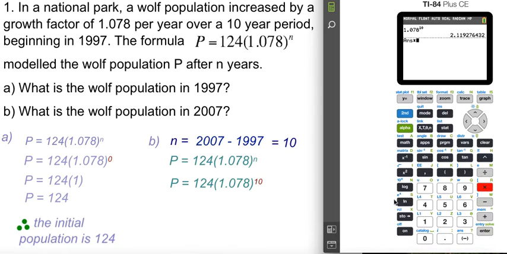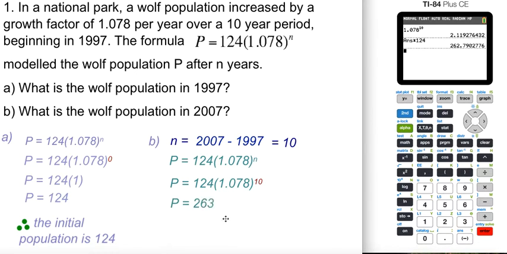I'm going to multiply that now by 124, and we get 262.8, but we can't have 0.8 of a wolf, so we will round that up to 263. Therefore, the population after 10 years, or in the year 2007, is 263 wolves.